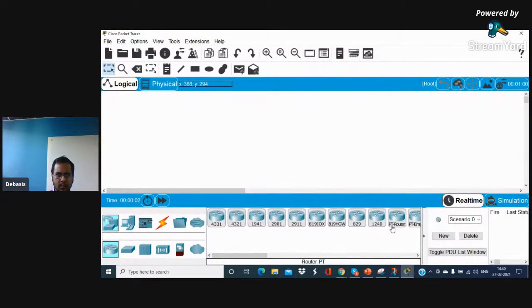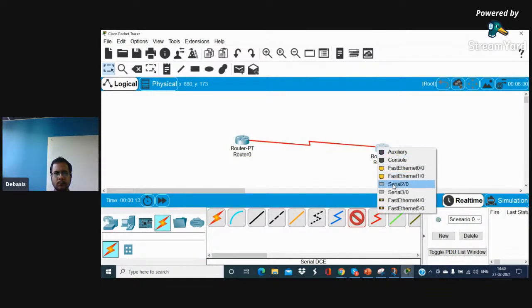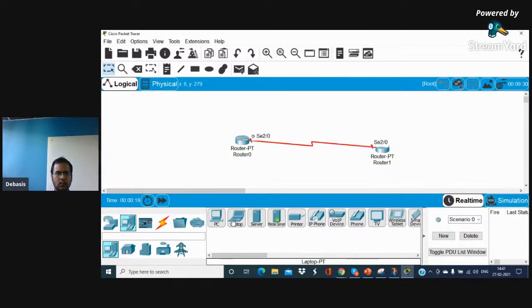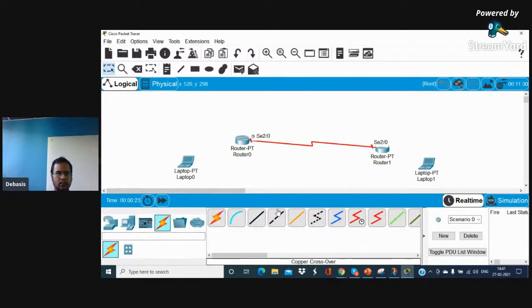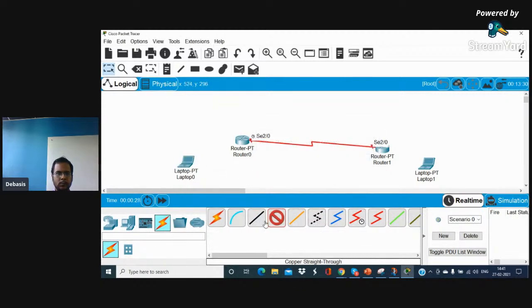In Packet Tracer, just take two routers, connect them with a serial cable, take two PCs, and go for the connections.